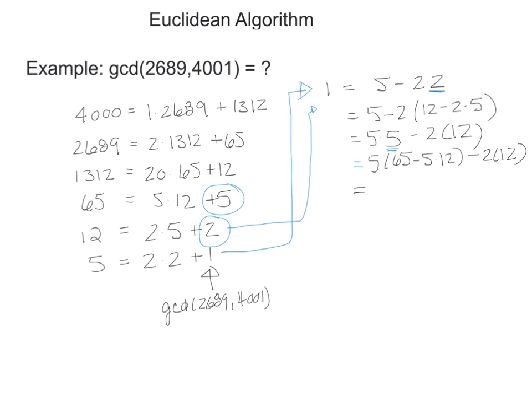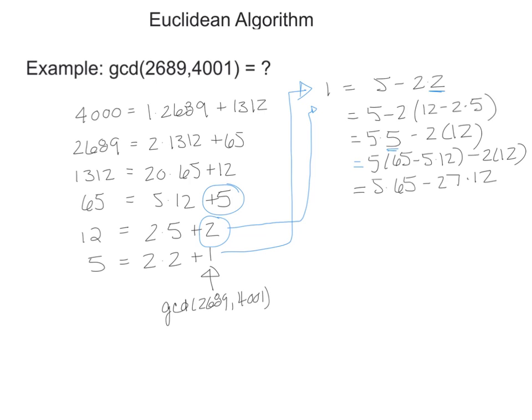Again I'm going to regroup my terms because I want to combine these 12s with these 12s, so I'll get 5 times 65 minus 27 times 12.